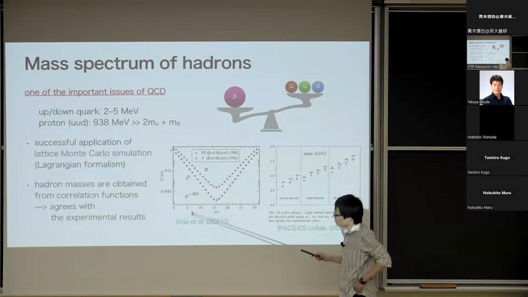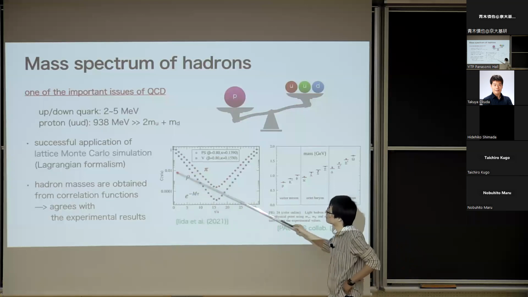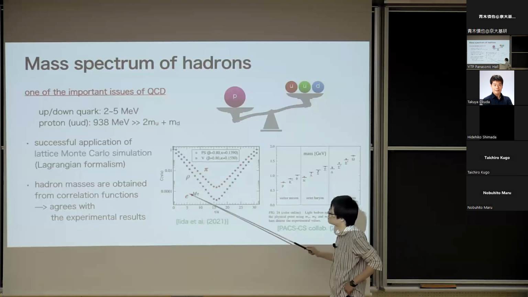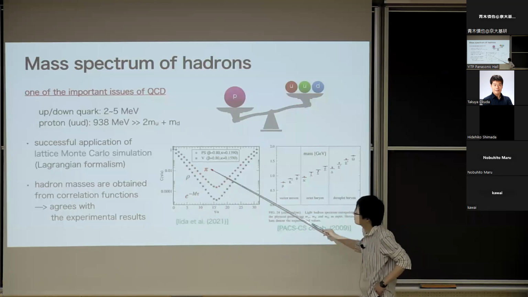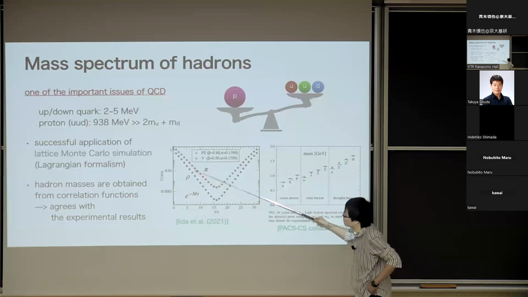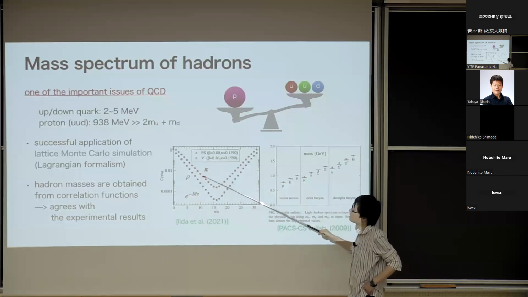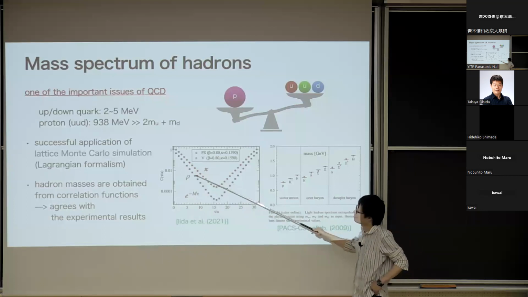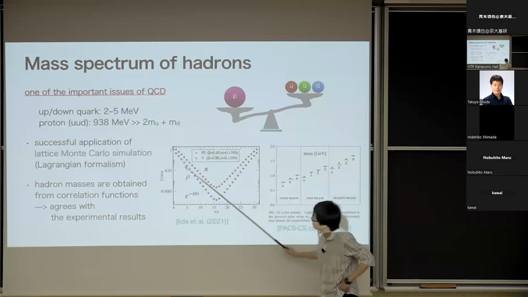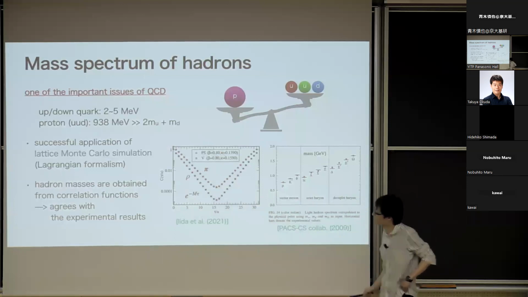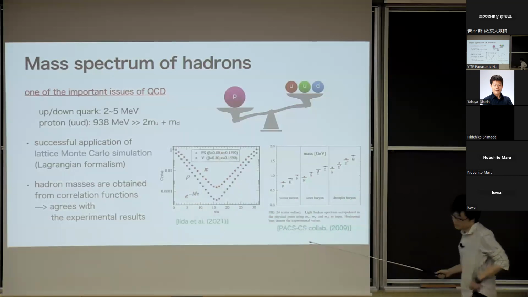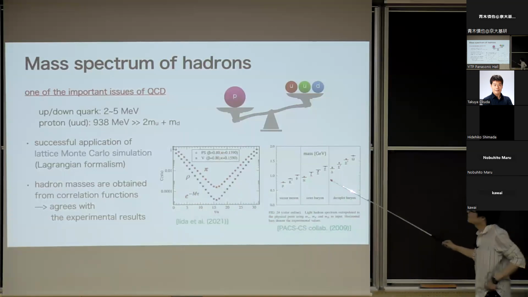The correlation function typically behaves like an exponential, e to the minus m tau, where m is the mass of the corresponding hadron. So from this slope, we can extract the mass of pi and rho. And in fact, the slope of the rho meson is steeper. So it suggests that the rho meson is heavier than the pi meson. And from this kind of result, we can reproduce the mass spectrum of various kinds of hadrons.